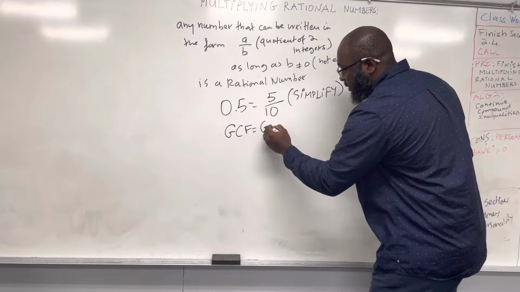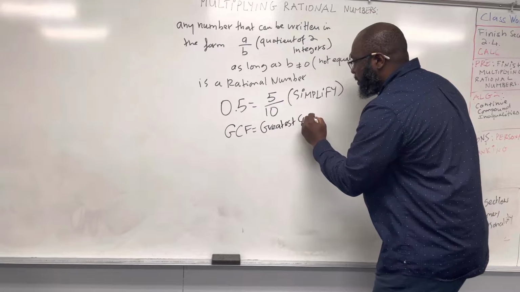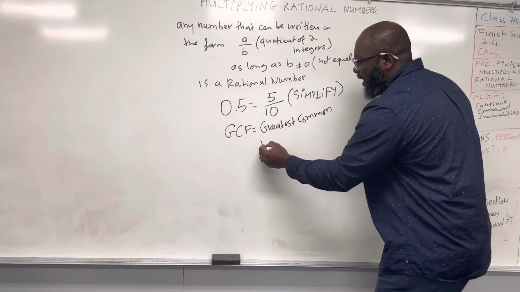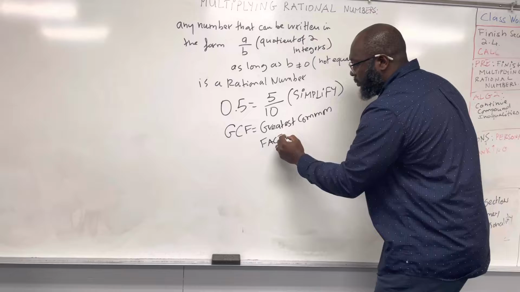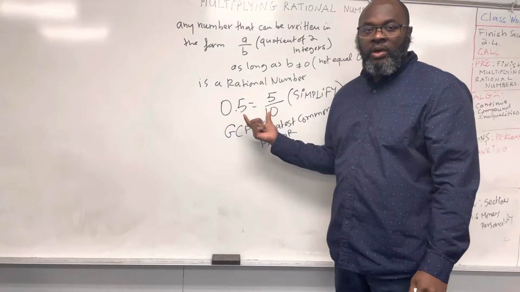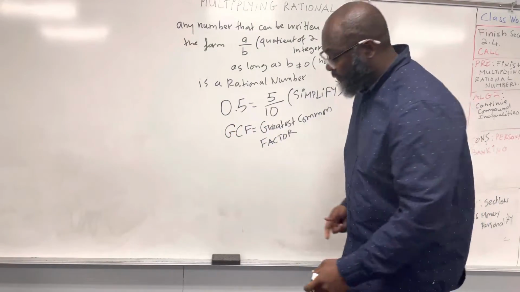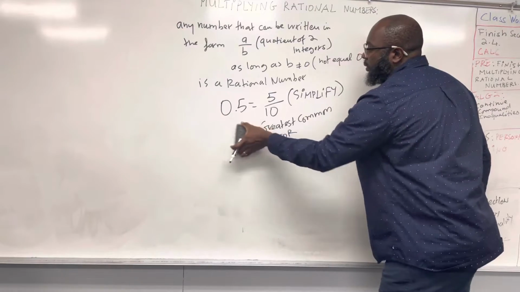The GCF, or the greatest common factor, okay? So basically, when you have 5 over 10, what goes into 5 that goes into 10? 5. So this is how you break it down. So let's break that down, okay?